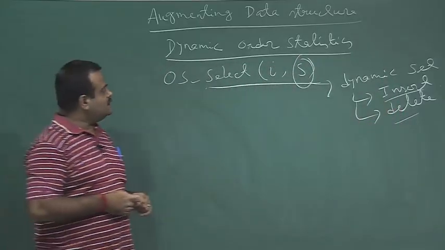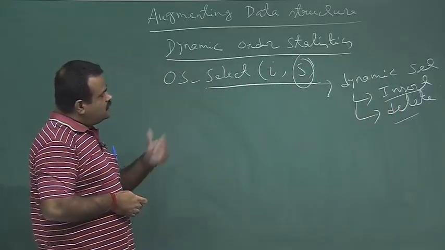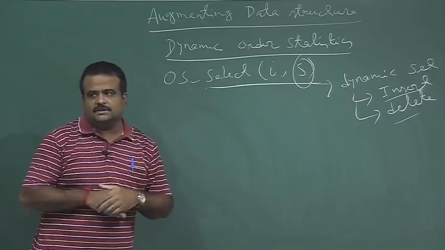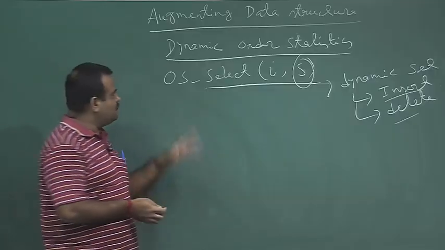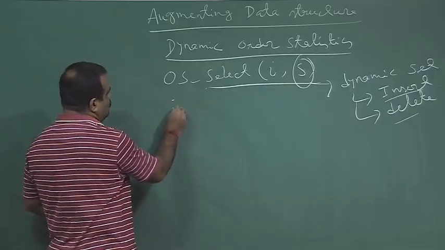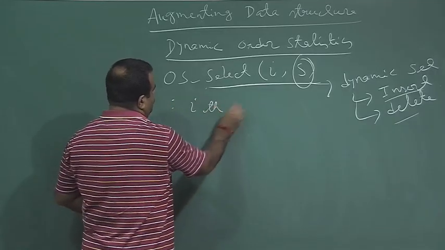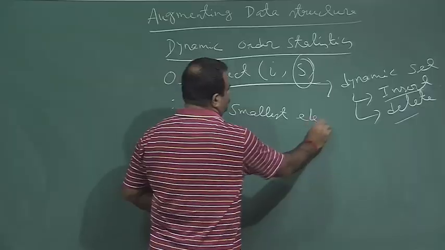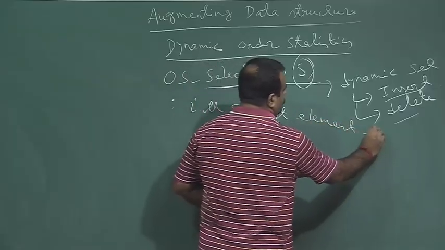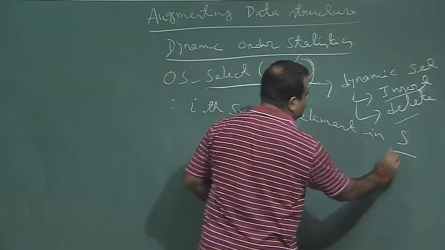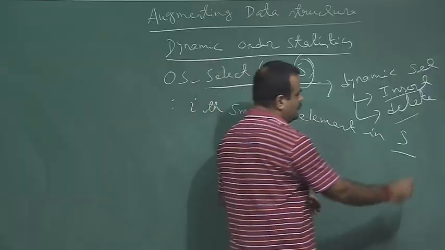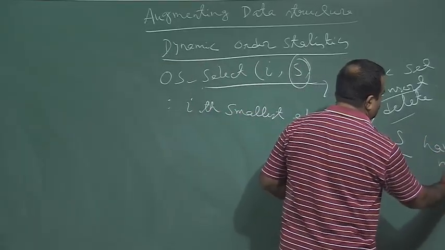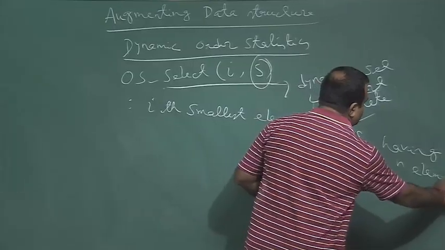Now in this problem, we want an operation which will give us the ith smallest element in the set S, which is having say n elements.